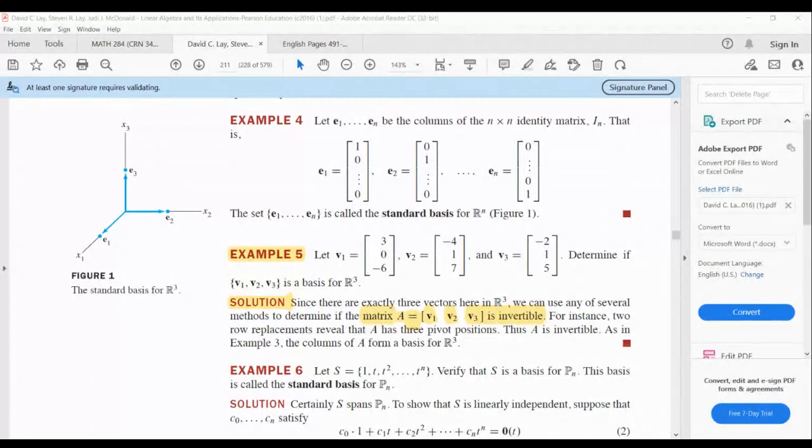And if that matrix, say, is invertible, then by the invertible matrix theorem, the vectors are linearly independent.